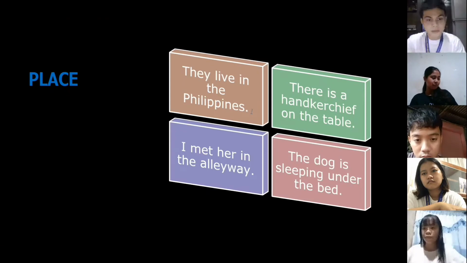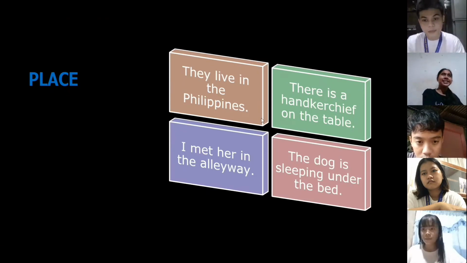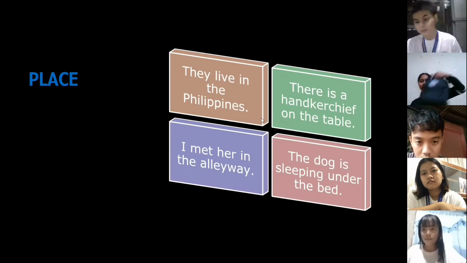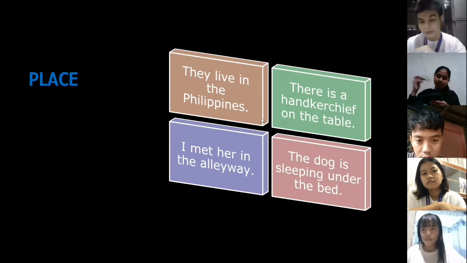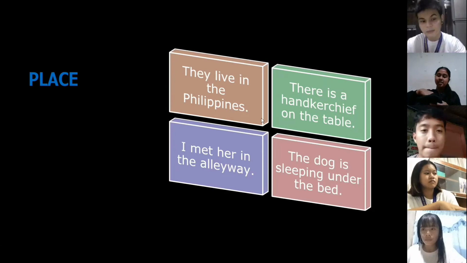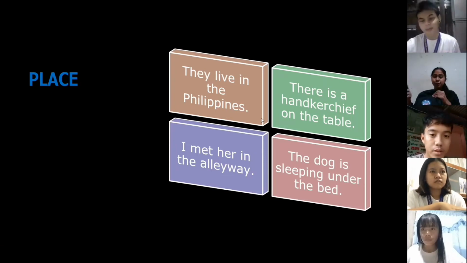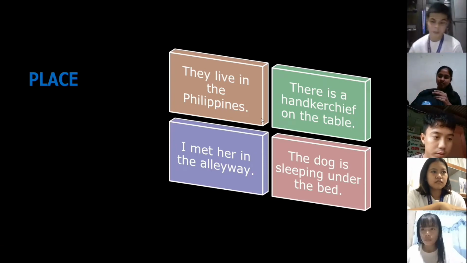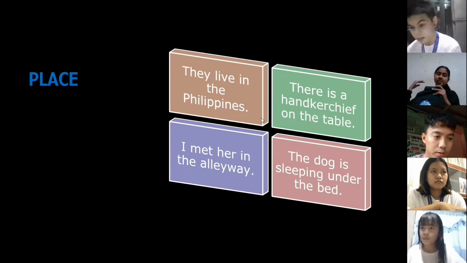So another example to differentiate the in and on, I have a bag and a remote control. If we put the remote control inside the bag, we can say that the remote control is inside the bag. But if we put this remote control on the surface of the bag, we can say that the remote control is on the bag.